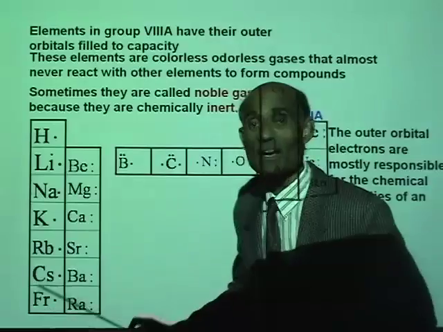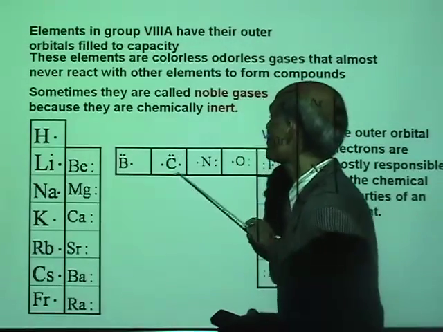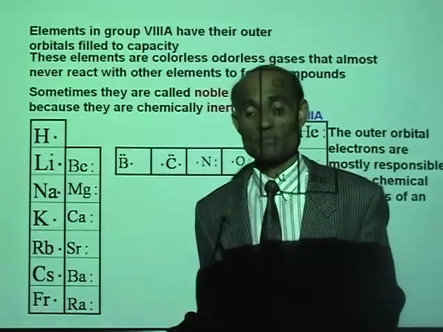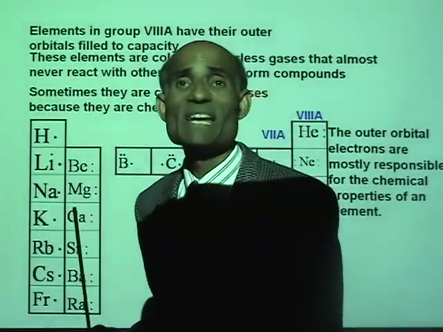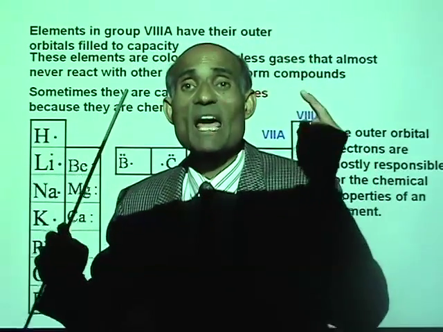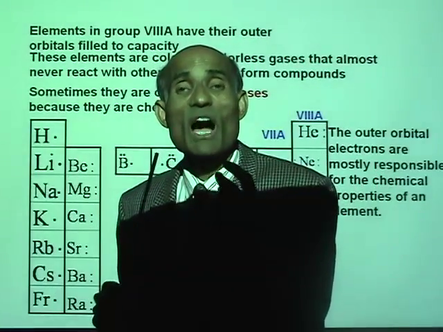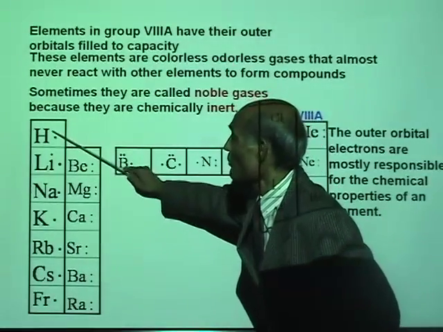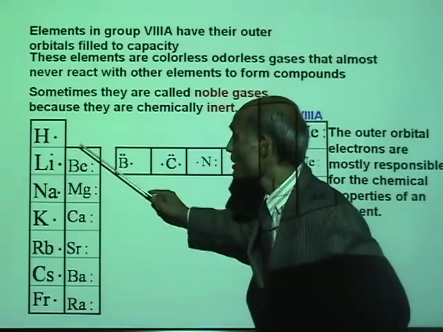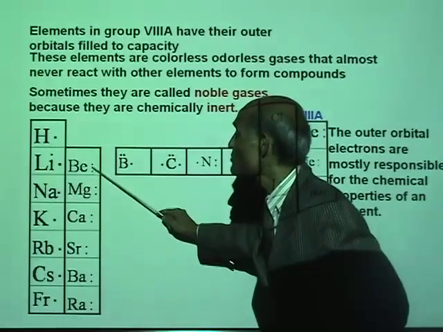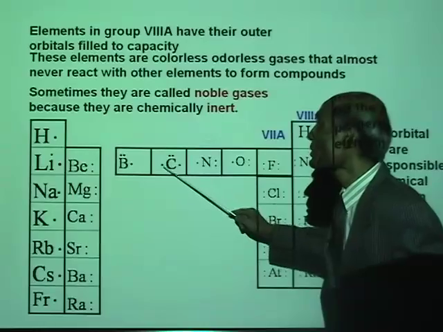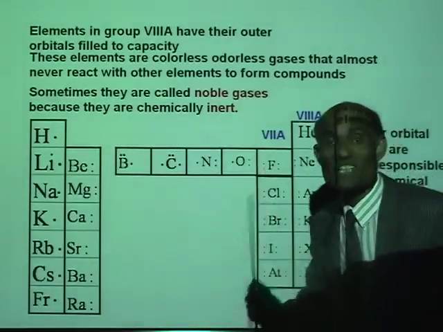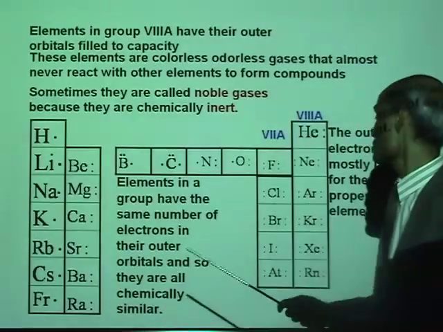And that's the reason why we have a particular system for representing the outer electrons. Actually, the electrons in the outermost shell of an element are called valence electrons. Valence electrons. Now, for hydrogen, there is one valence electron. Beryllium, there are two valence electrons. Carbon, there are 4 valence electrons. Fluorine, there are 7 valence electrons, and so on.